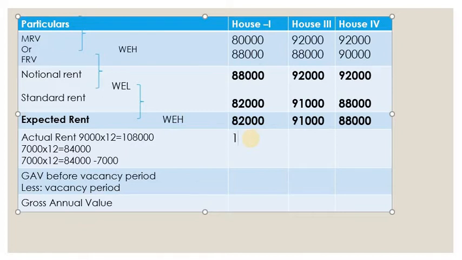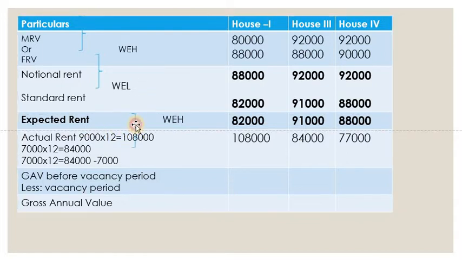So here it is 1,08,000. Here it is 84,000. Here it is 84,000 minus 7,000, 77,000. Now let us write down the expected rent and actual rent, whichever is higher.